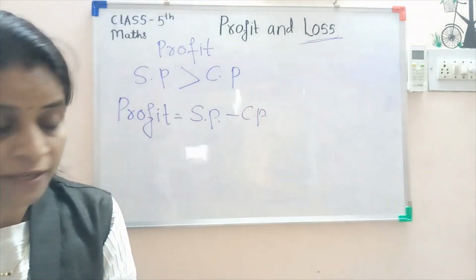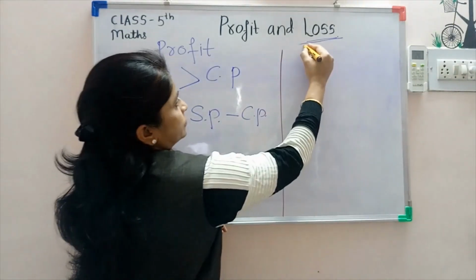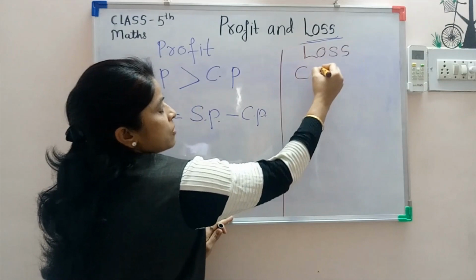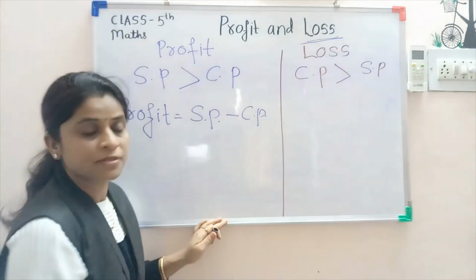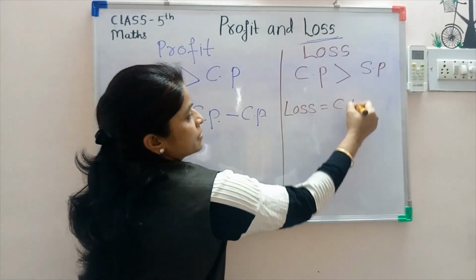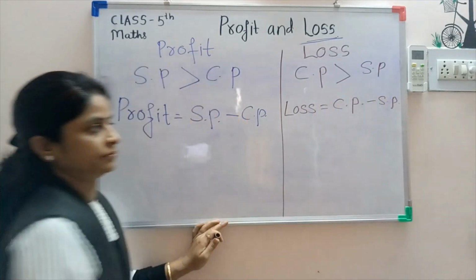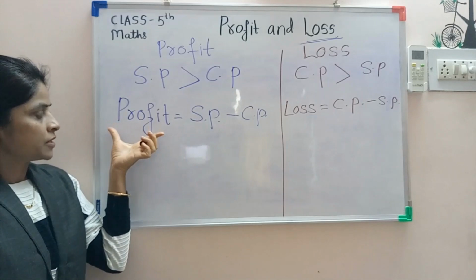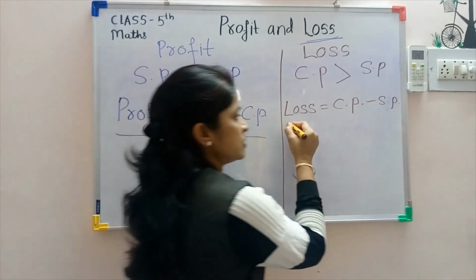And next is loss. If cost price is greater than selling price, that means loss is the difference between cost price and selling price. Understood students? This is the formula of profit and this is the formula of loss.